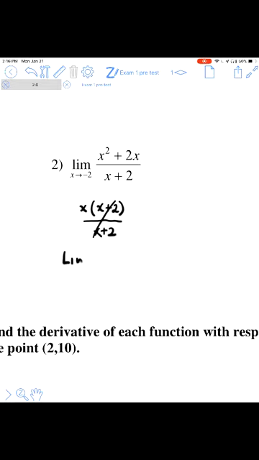So the problem is limit as x approaches -2 of x, and now we can plug -2 in just for the x there. And what we get is -2.